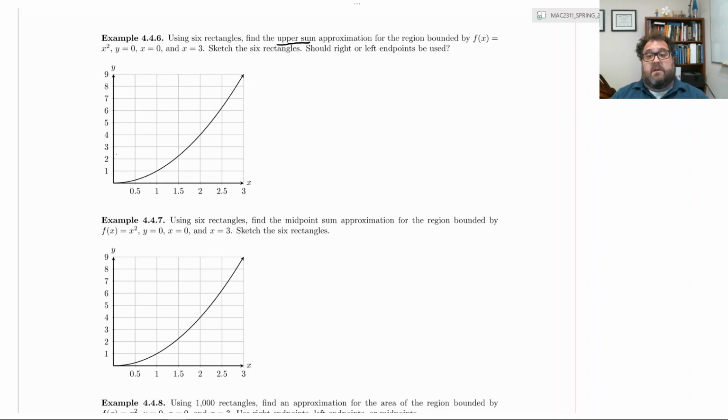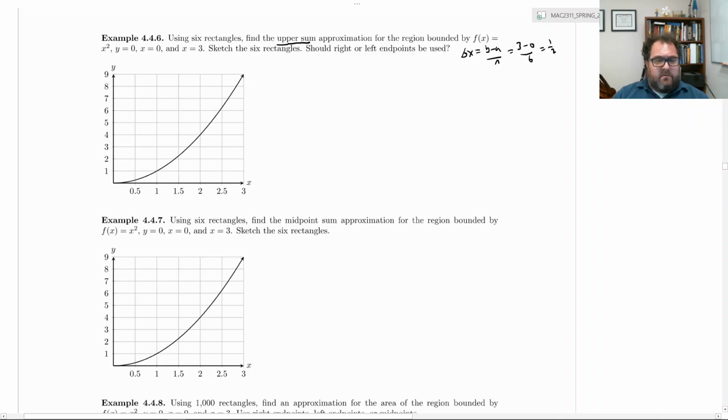Delta x is b minus a over n, where n is the number of rectangles. So 3 minus 0 over 6 gives us 1/2. Notice that I do have it divided up into 1/2 increments here.